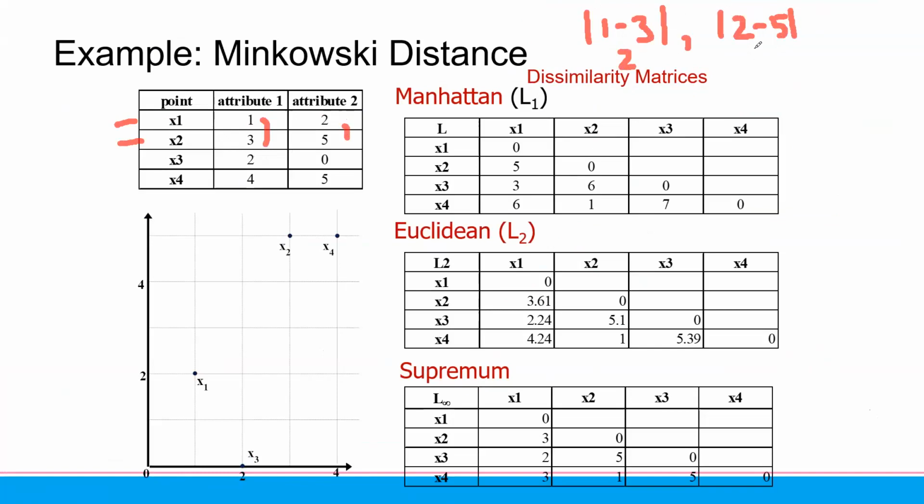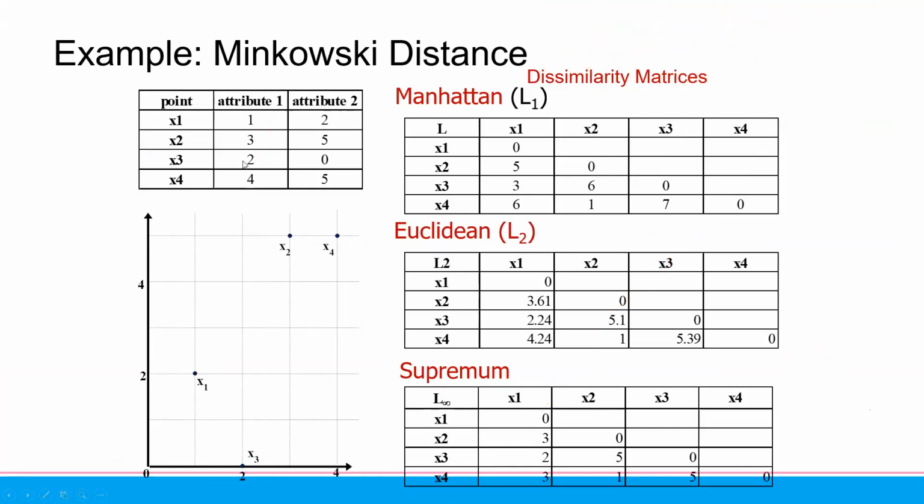When we have the absolute, then it is 3. Based on the formula, we want to know which is the maximum. 2 and 3, which is the maximum? The maximum is 3. Then we put 3 as the distance between x1 and x2.